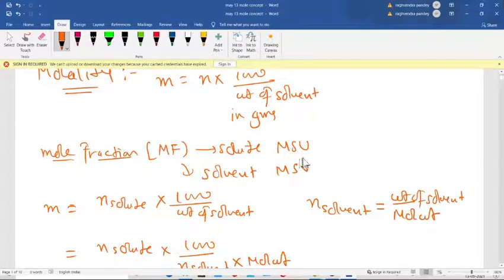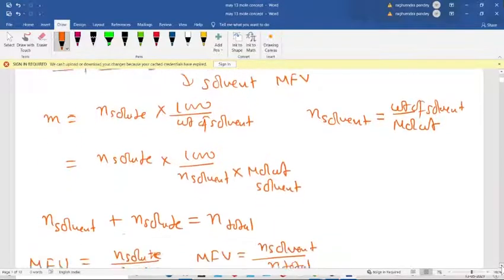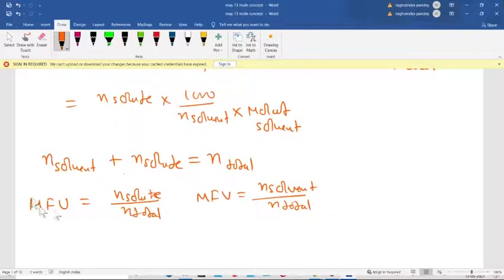Okay, sorry, I should write mole fraction. My mistake. So mole fraction of solute, mole fraction of solvent, MFV. So here MFU is mole fraction of solute, and this is mole fraction of solvent.